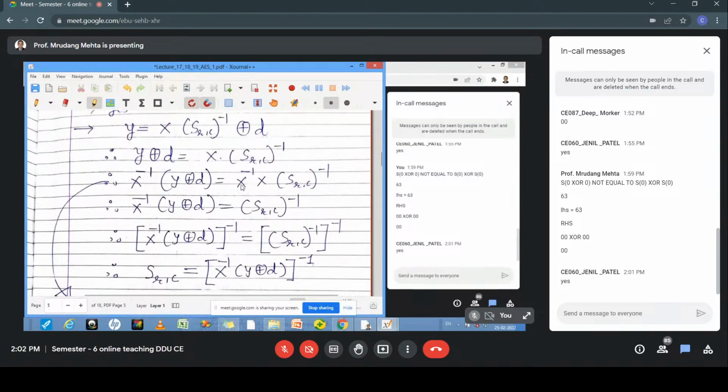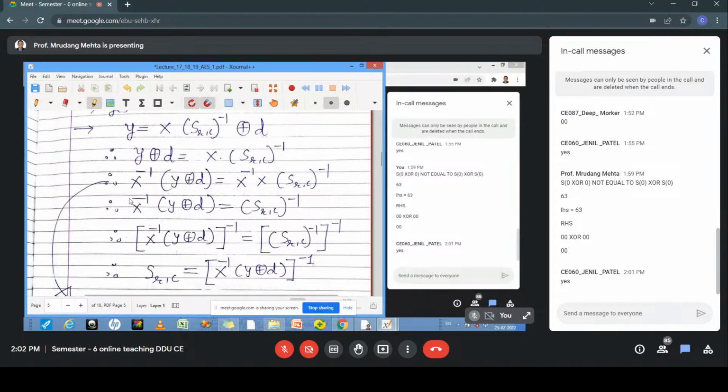Now X and X inverse, if both are multiplicative inverses of each other, then the multiplication of X with its multiplicative inverse gives us identity. So this gets cancelled out. So this becomes 1 multiplied by SRC inverse. So X inverse Y XOR D equals SRC inverse.